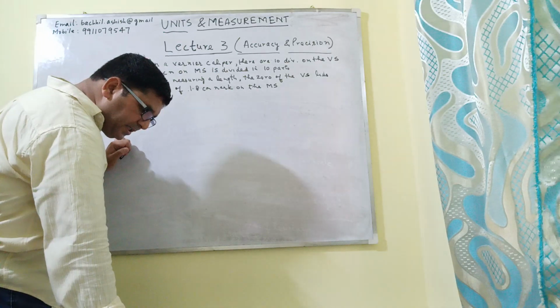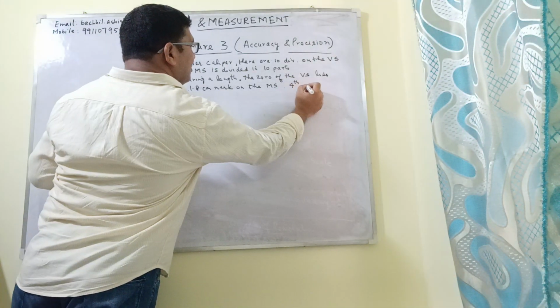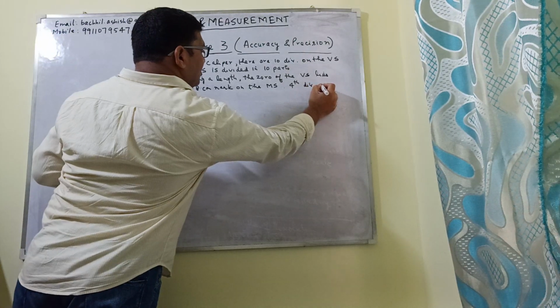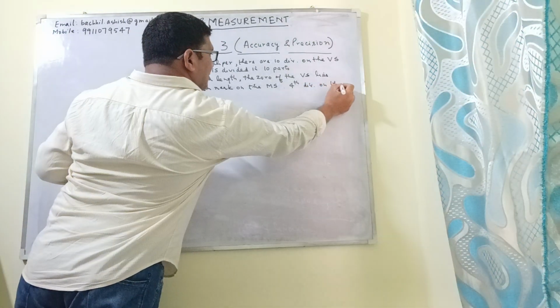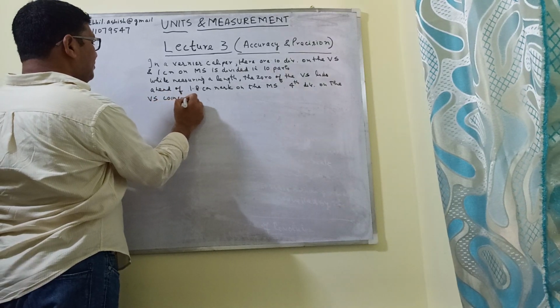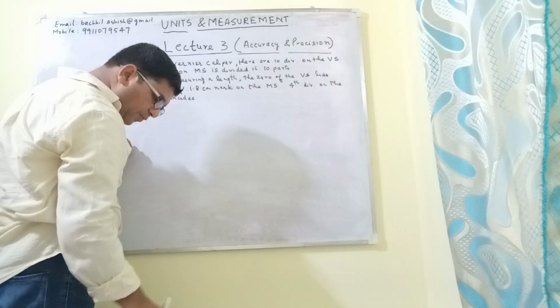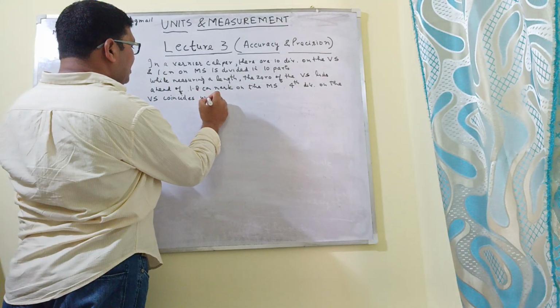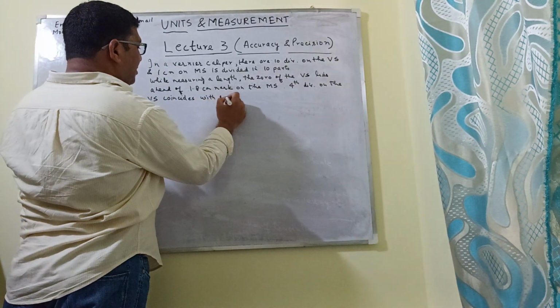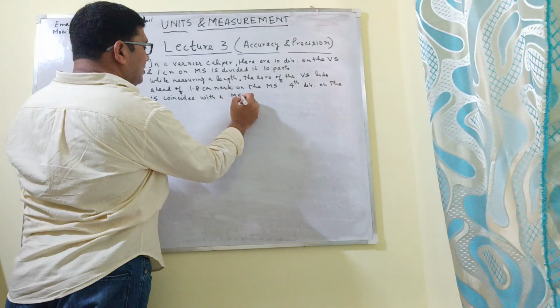The fourth division of the vernier scale coincides with a main scale division.